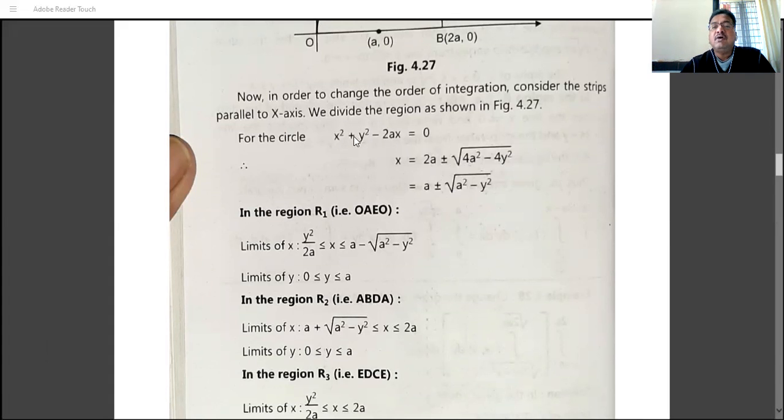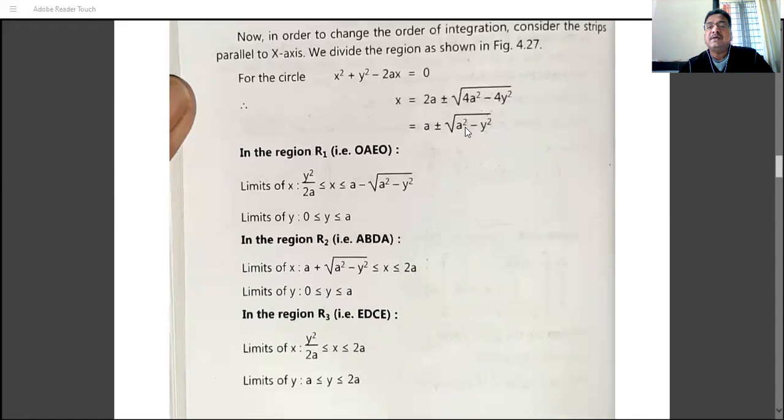So this is a quadratic equation in x, of the form ax square plus bx plus c, where c is y square, equal to 0. So minus b means minus of minus 2a becomes plus 2a, plus minus root b square minus 4ac: 2a square is 4a square, minus 4 times the coefficient of x square, which is 1, and c is y square, divided by 2, and then we have this answer.